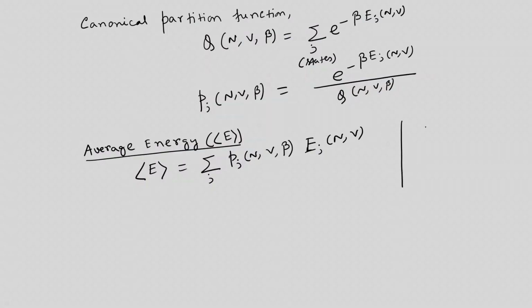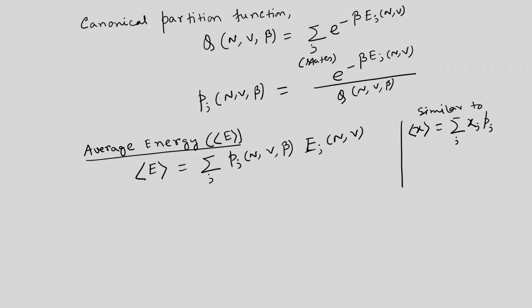If you remember, the average of any variable x is sum over j xj times pj. We already discussed this. It is very similar to this.